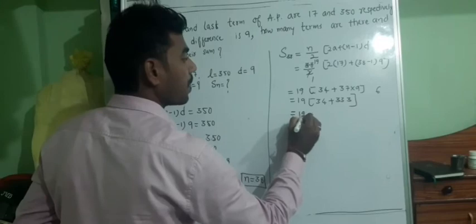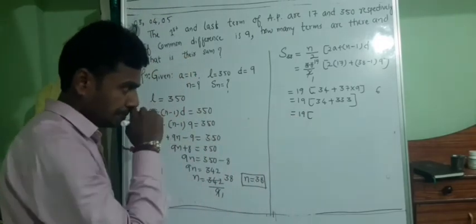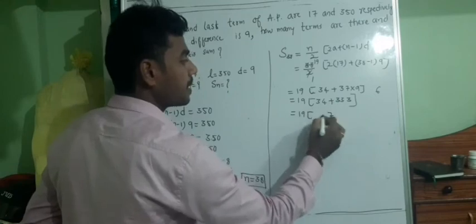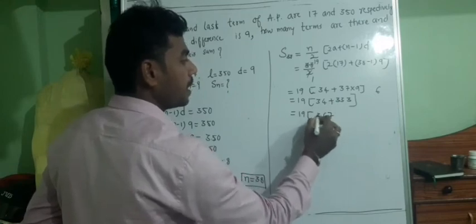Now 19 into 4 plus 3 is 7, 3 plus 3 is 6, 367.